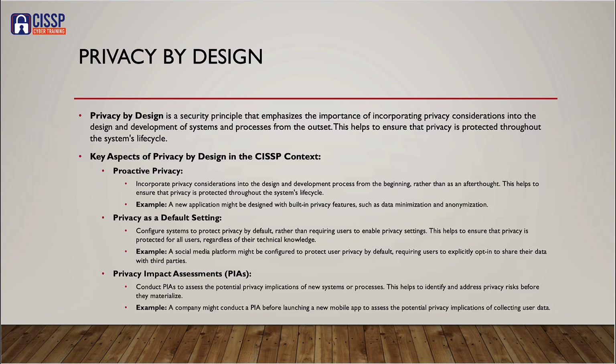And then privacy impact assessments. These are done to potentially look for privacy implications on new systems or processes. I used to do what they call a DPIA, which is a data privacy impact assessment, or privacy impact assessment is another format of that, but it's just a change in the term. You might conduct a PIA when you're launching a new mobile app or potentially looking for privacy implications on collecting user data.